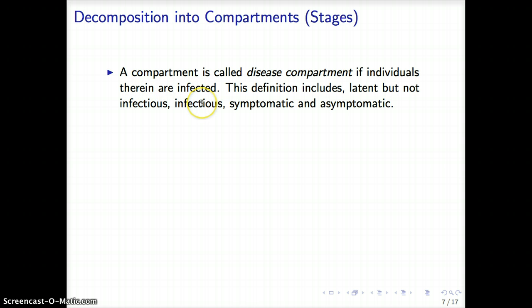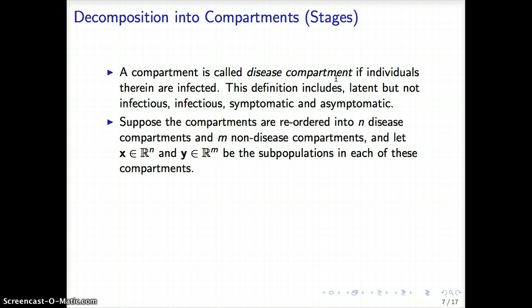Then when they progress into the stage of being capable of transmitting, passing on the pathogen, they are considered infectious. And then there are other individuals that show symptoms, other individuals that do not show symptoms. All these individuals will be considered part of the disease compartments. And then you can have the rest of the individuals in other compartments that are not disease.